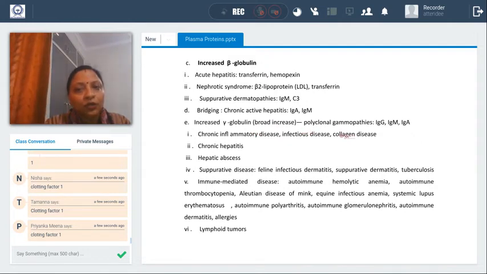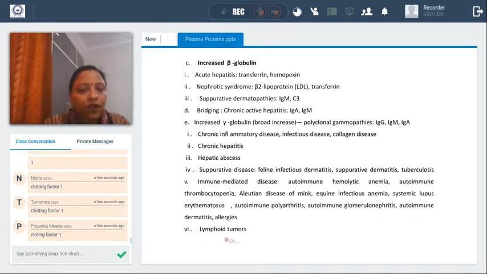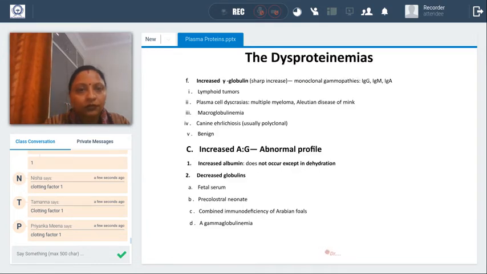There are polyclonal gammopathies like IgG, IgM, IgA, and various chronic hepatitis, hepatic abscess, immune-mediated diseases or autoimmune diseases, and hemolytic anemias. Lastly, lymphoid tumors. Increased gamma globulin you can see in monoclonal gammopathies, again lymphoid tumors, macroglobulinemias, and benign tumors.